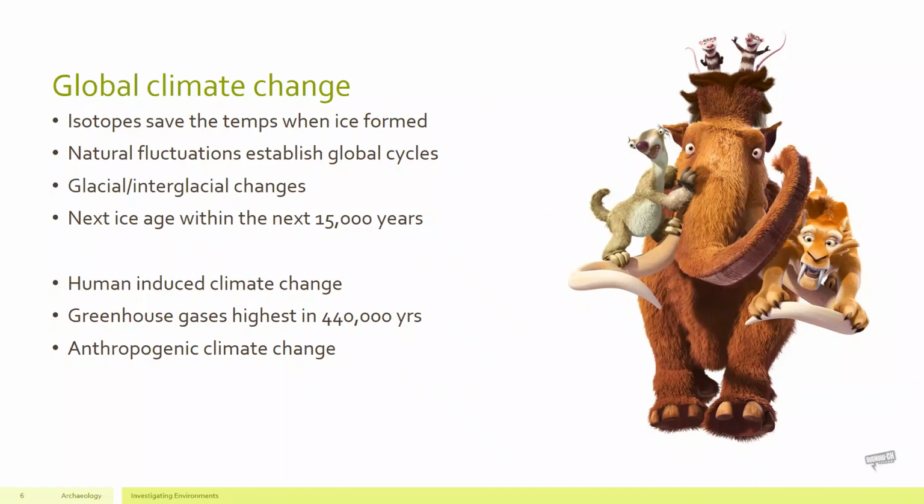We know that the Earth goes through ice ages and glacial periods, and interglacial periods, where it's cold, and periods where it's warmer, like the current present geological epoch that we are in. The next ice age we could expect sometime within the next 15,000 years if we were operating on a natural cycle.